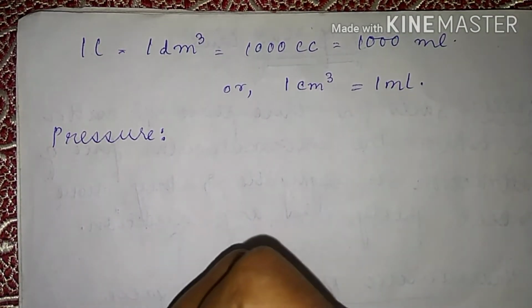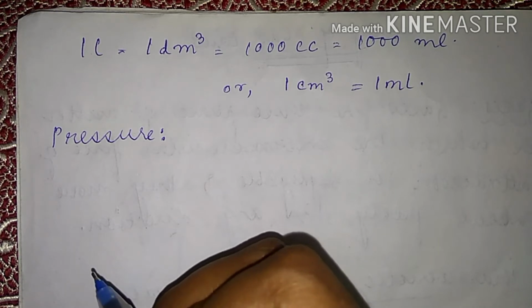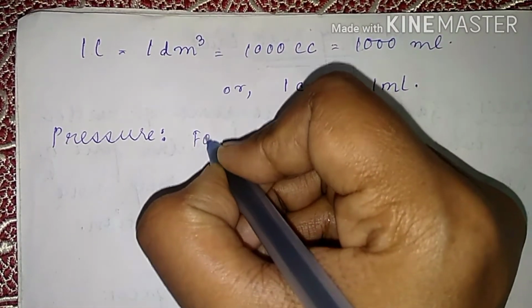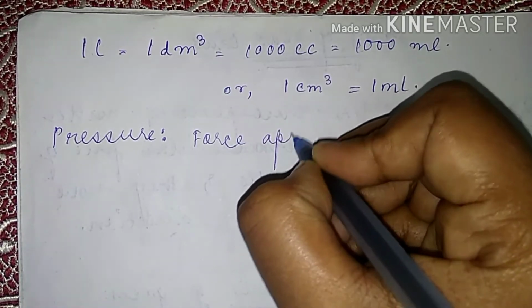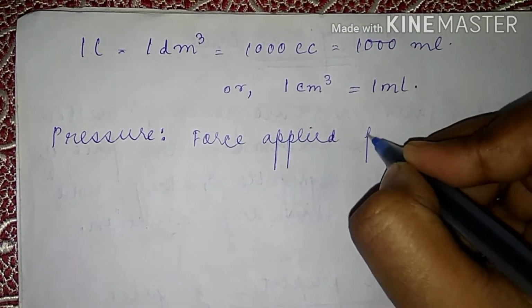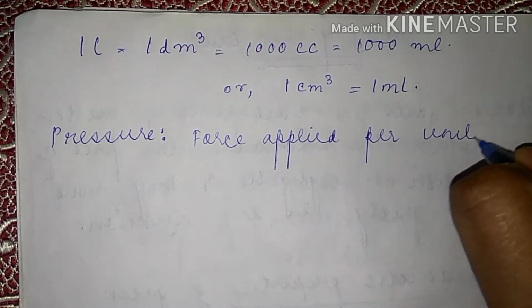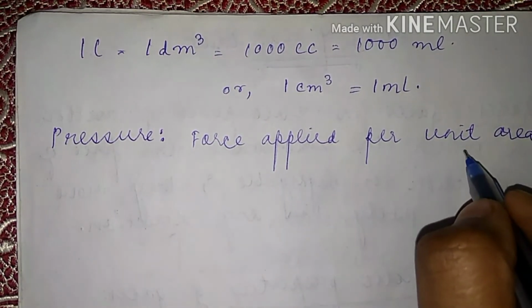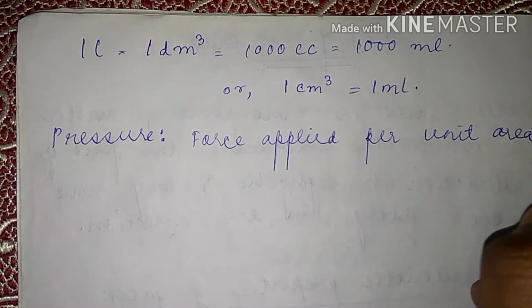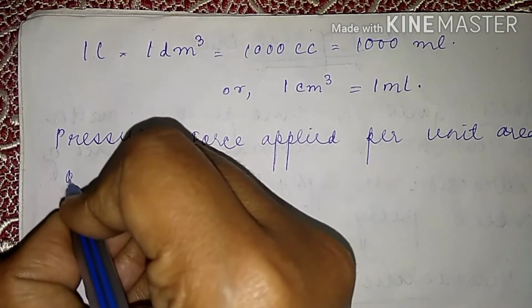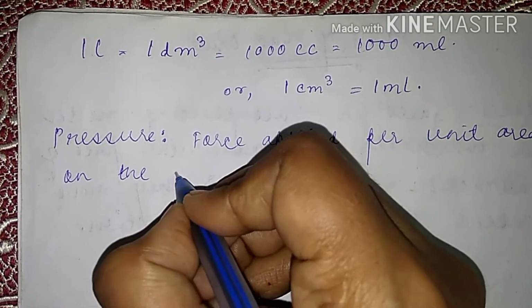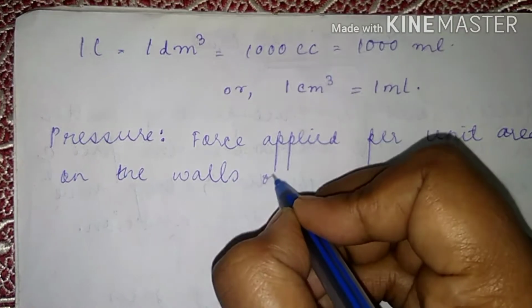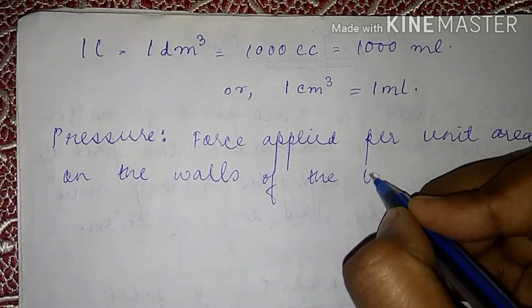Next parameter is pressure. In physics, we define pressure as the force applied per unit area, here on the walls of the container.